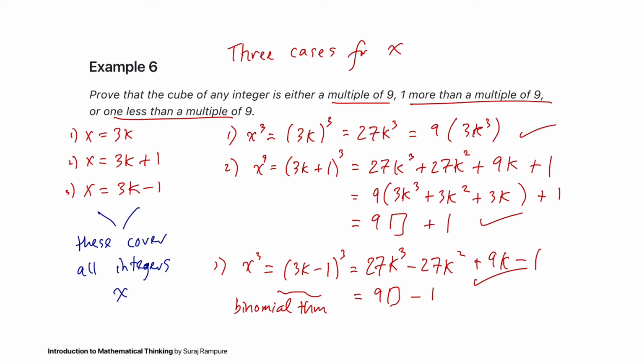Sound good? Yes? Would a different number other than 3 still work? Could I have done it with a number other than 3? Yeah, let's say 9 or a different number. I believe, though this is not for sure, that if you did it with any multiple of 3, it also would have worked.